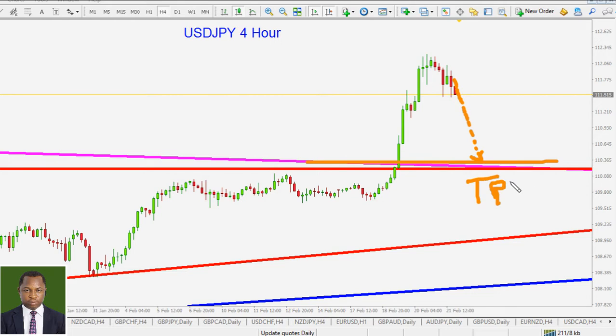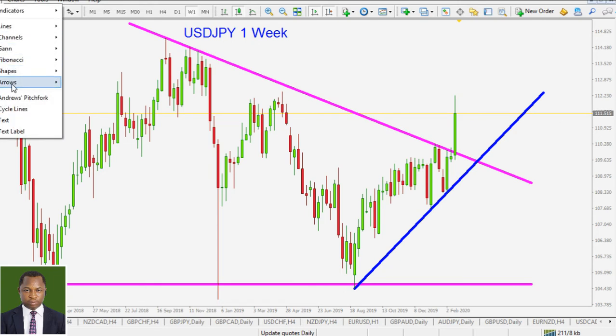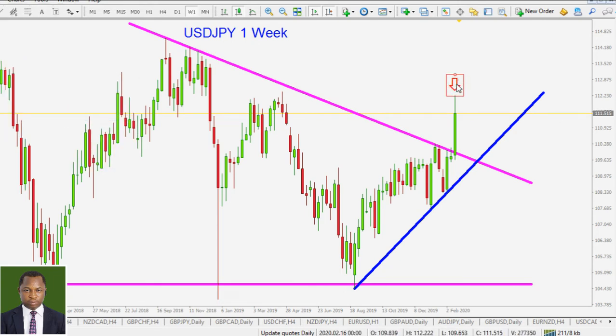So that's it. You should be looking for short entries. Our prediction here is that price should begin to turn to the downside in the American dollar against the Japanese yen. All right, let's move on to the next one.